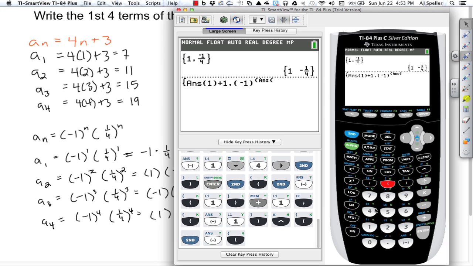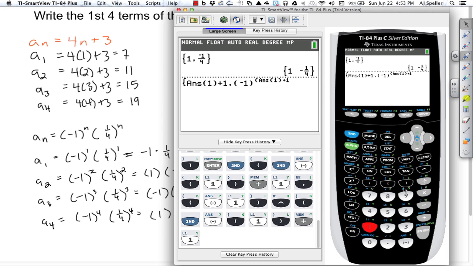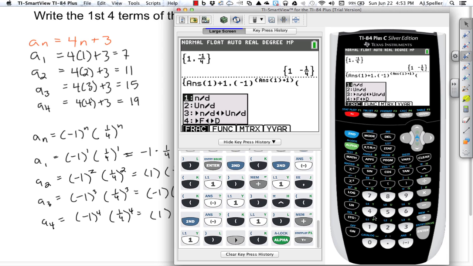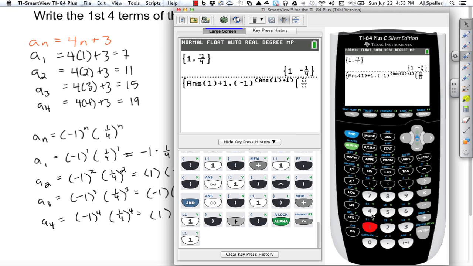I want that first 1, and I want to add 1 to that, and then I'm going to close that off. And now I'm going to take the second factor here, which is 1/4. So I'm going to press alpha and then y equals to get to my fraction template. Press 1, and I know I want a 1 in my numerator, a 4 in my denominator.